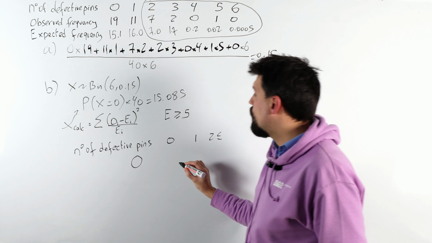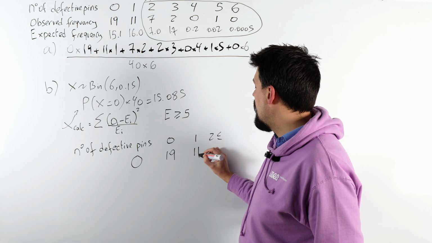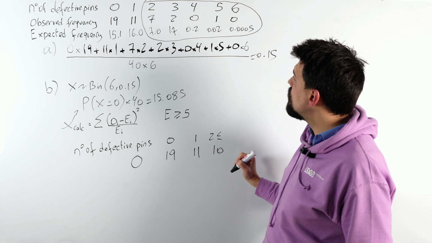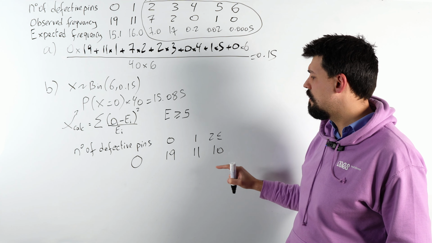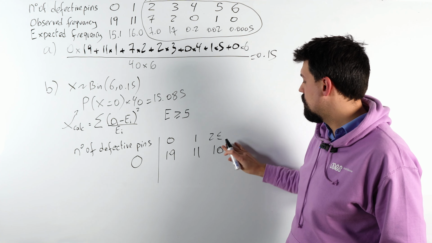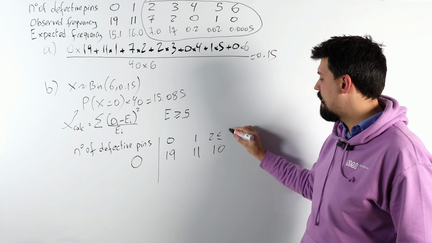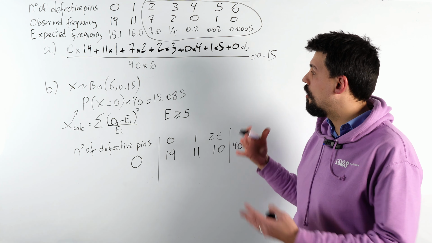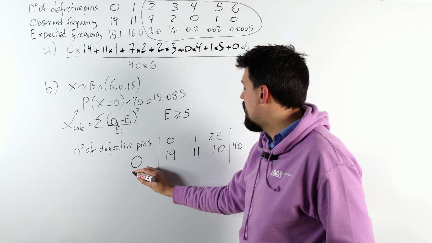We're going to go for O for our observed frequency, which was 19, 11, and then that should be 10 in total. Let me make sure that 19 plus 11 plus 10 comes out as 40. There are 40 batches of pins that we've looked at.